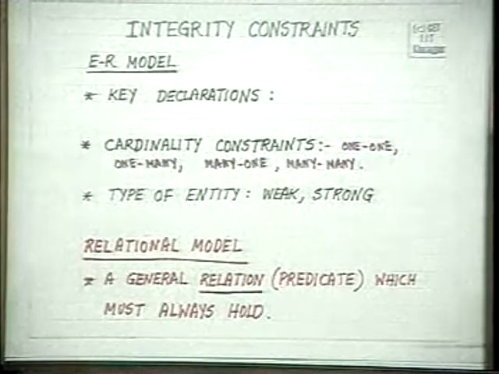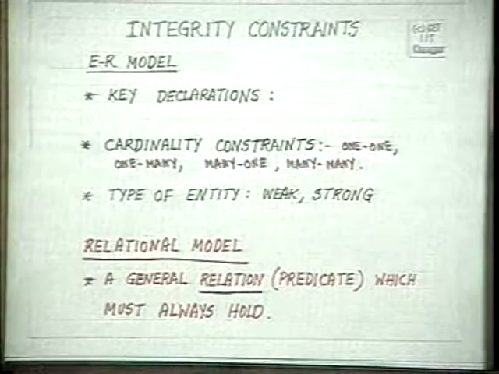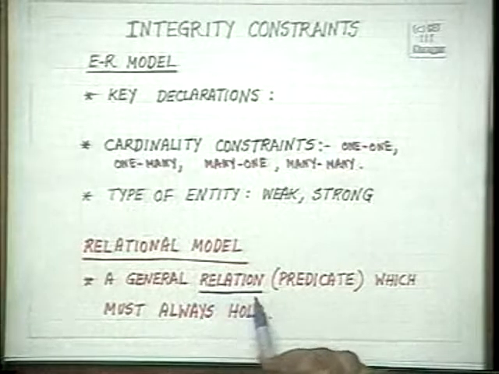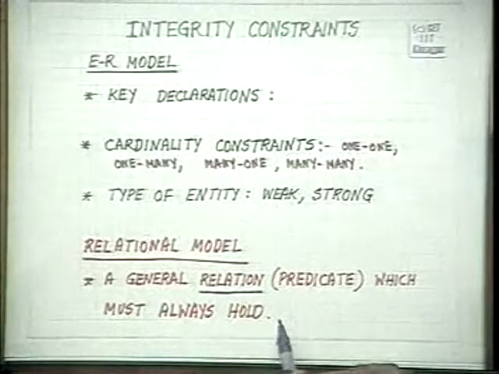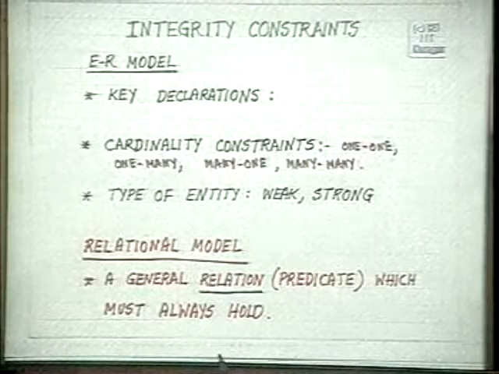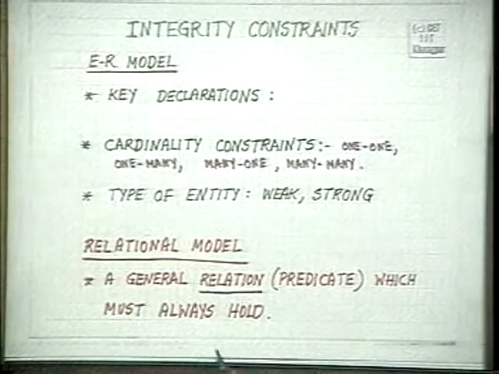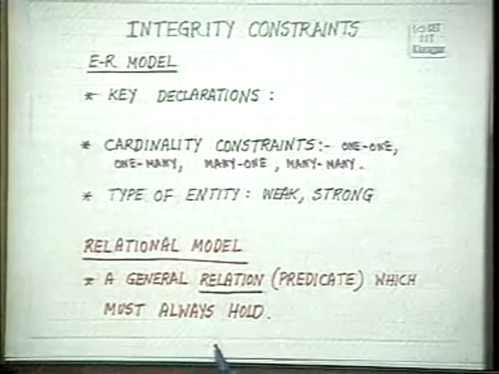We can provide any predicate saying that this attribute plus that attribute must be less than some other attribute during any operation. In a particular relation, we can write down a predicate which checks that for the account number of Vijay, I must make sure that he has not issued more than 5 books.